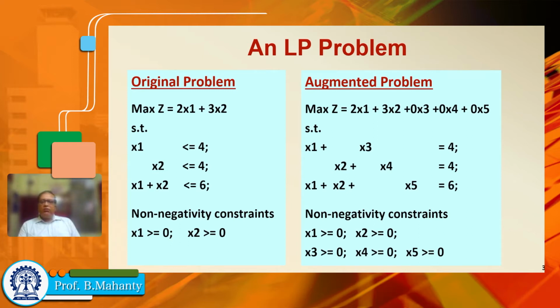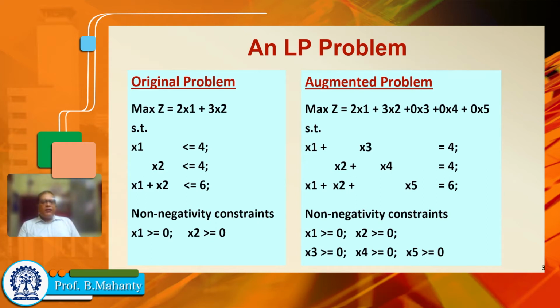Like x3 occurs only in the first equation with a coefficient of 1. x4 occurs only in the second equation with a coefficient of 1. x5 occurs only in the third equation with a coefficient of 1.